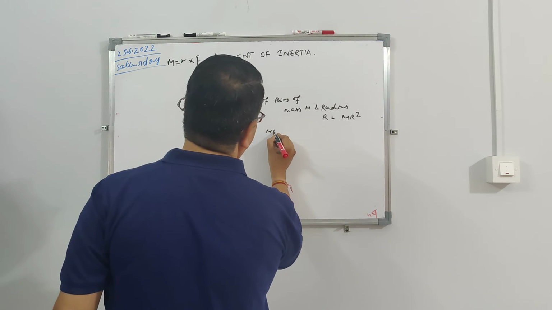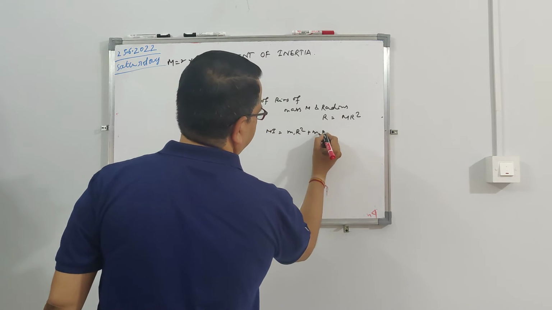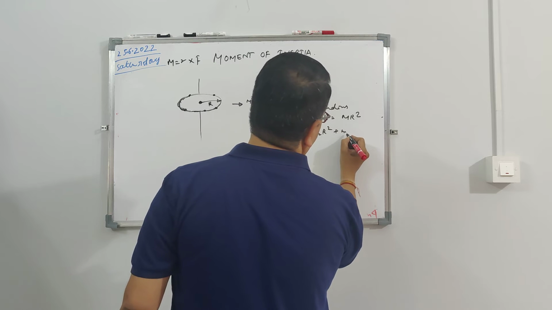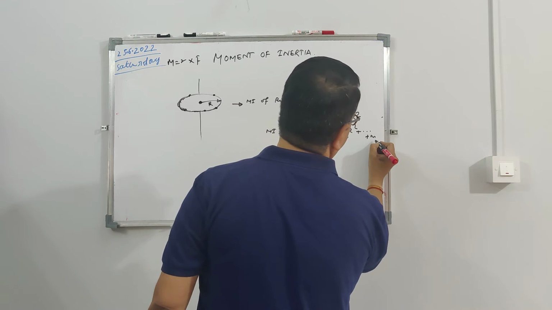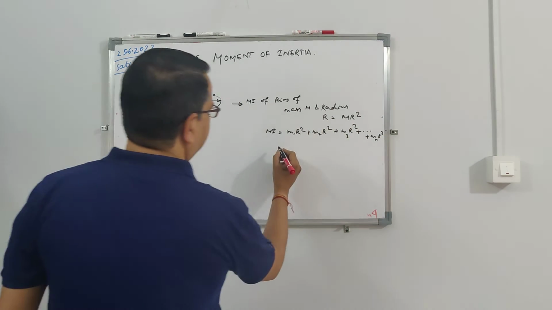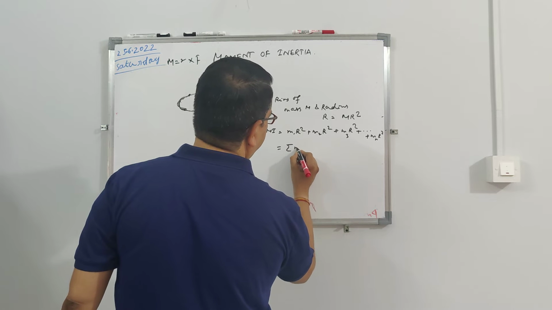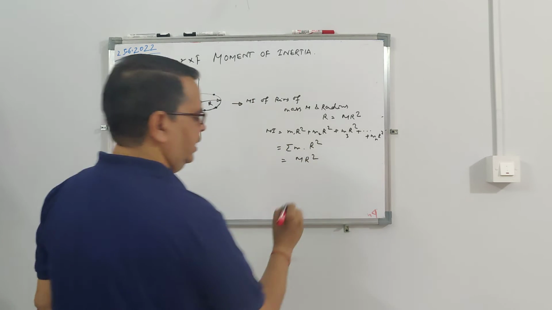It will be m1 into r square plus m2 into r square plus m3 into r square, and so on, up to mn into r square. All r is the same, so finally it becomes the sum of masses, the total mass, into r square. So this becomes mr square. So that is the ring.